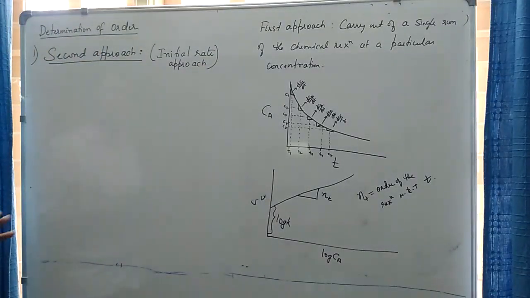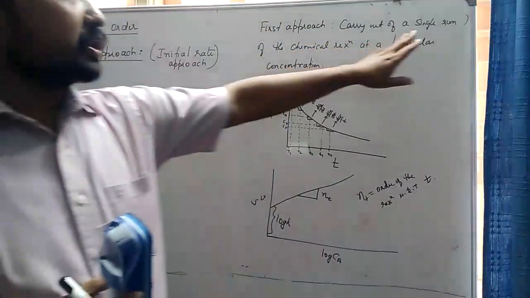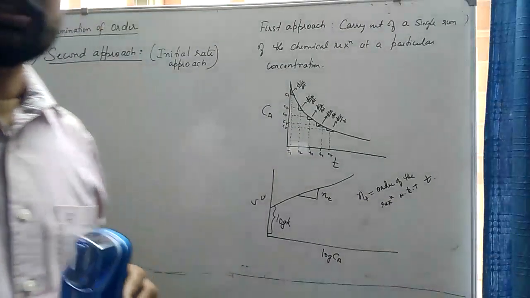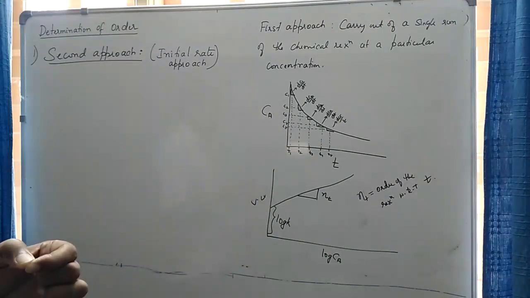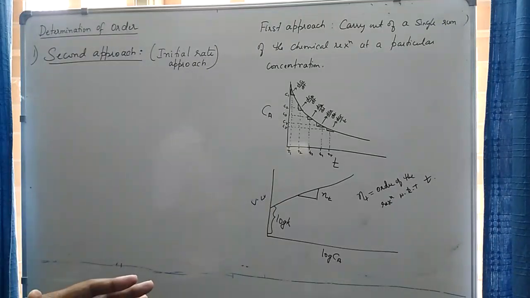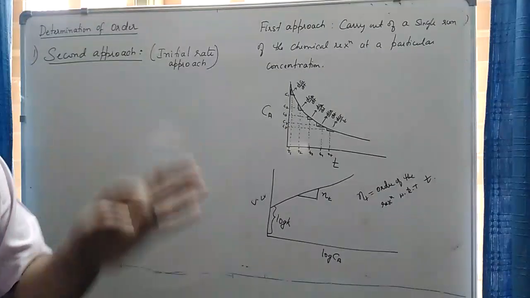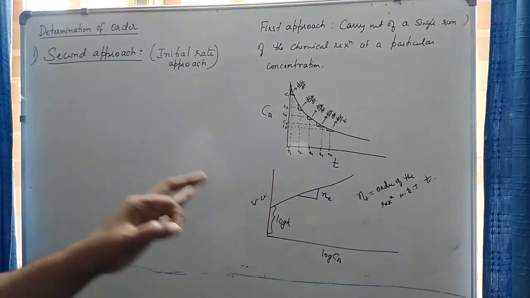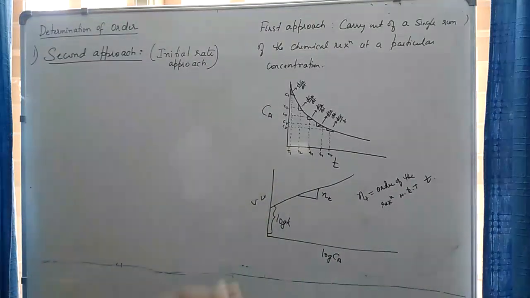So the main difference between these two approaches: in the first approach we carried out the reaction in a single run, that is, at only one particular concentration. Now we are carrying out the same chemical reaction 5 times, but with different initial concentrations, say for example C1, C2, C3, C4, C5. I take 5 different initial concentrations of the reactant and carry out the same reaction under the same reaction conditions.